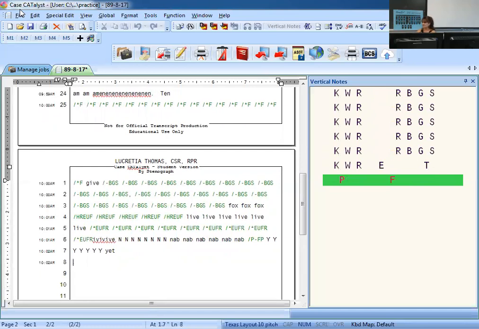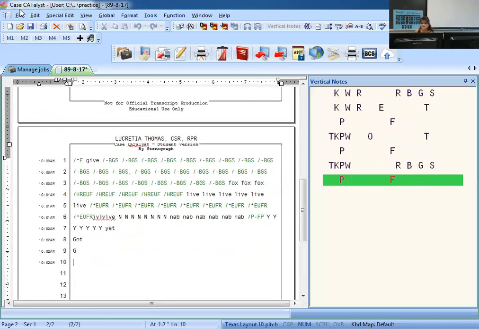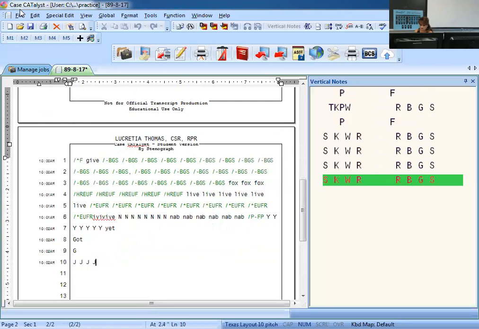The G is all four of those second letters, and the word got. So G is TKPW, the word got is GOT. The J sound, J, so the word judge, J-U-J, okay? And remember, you can remember it, grand jury, okay?